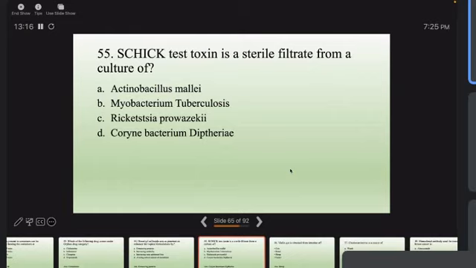There is also a control given to the other arm to see if there is any difference. This is just a brief history so that you can remember it; we don't have to mug up what a Schick test is. From yesterday's class, what is the test for Mycobacterium tuberculosis?